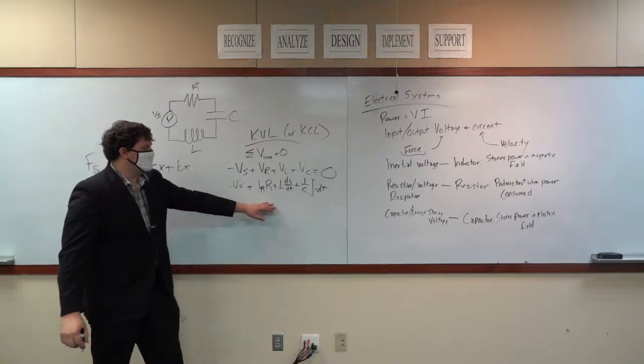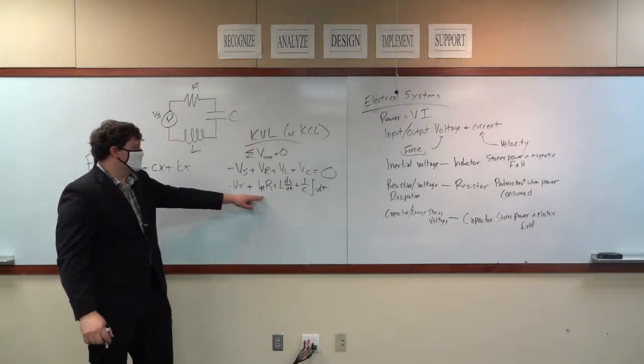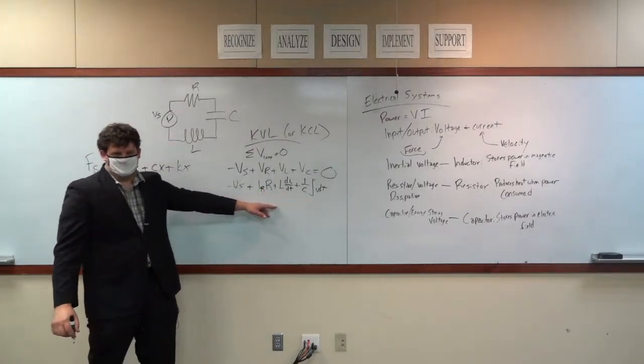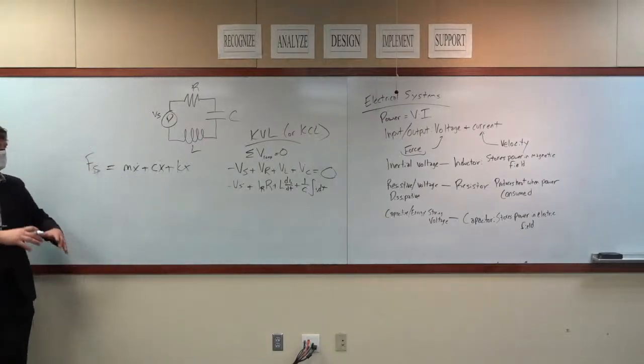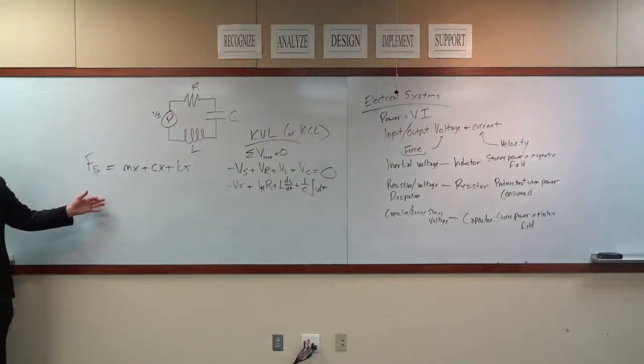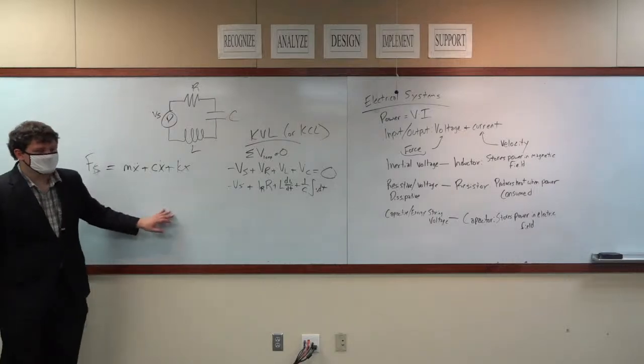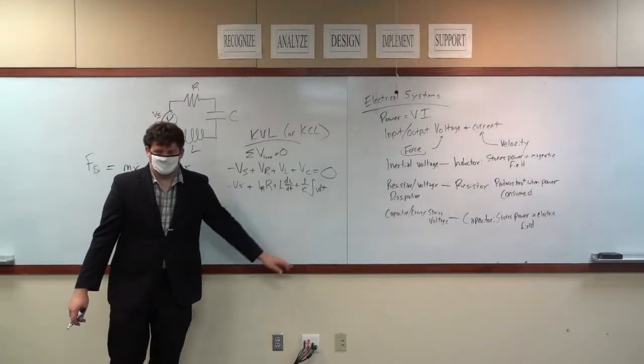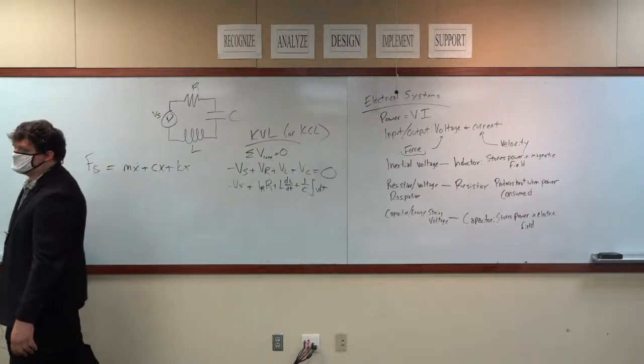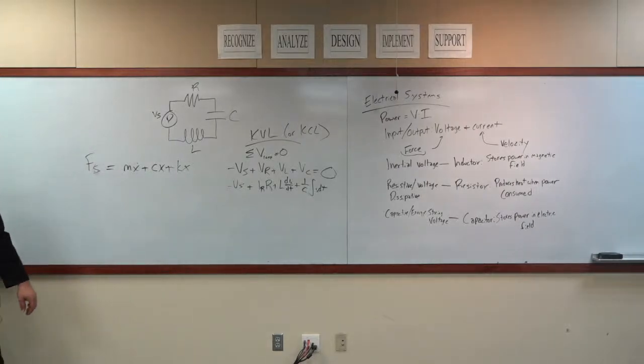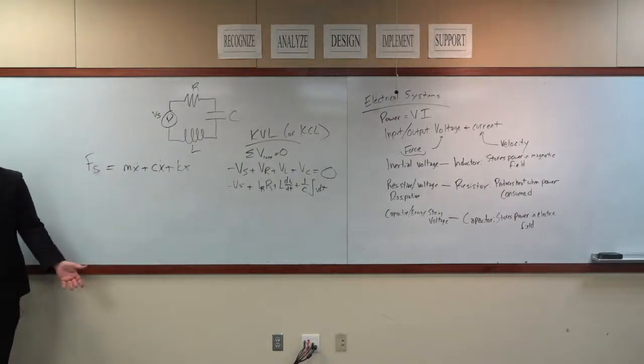Here, we have each of these now having a relationship with current that all sum towards one type of forcing function. These formulas are the same, just with different variables. That's it.